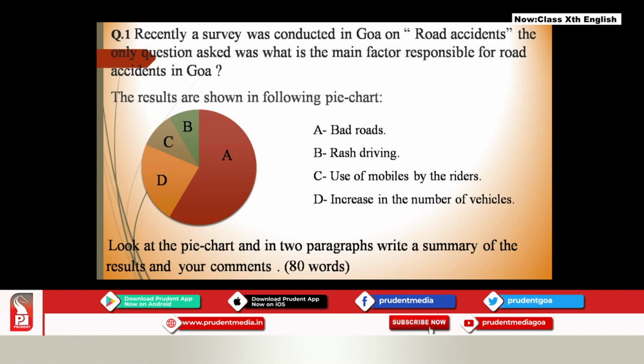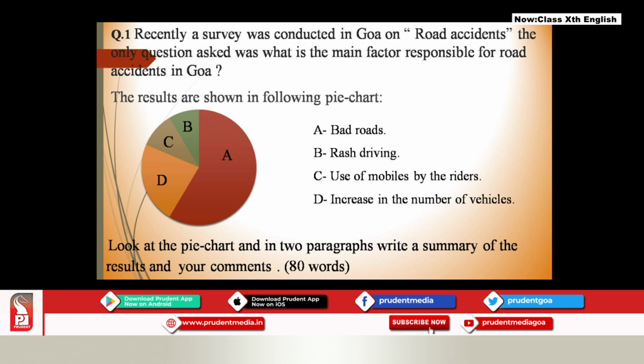C, section C of the people, under this survey, say that use of mobiles by the riders is the main cause of accident. And finally, section D or slice D says increase in the number of vehicles on the road is the main factor responsible for road accidents in Goa.